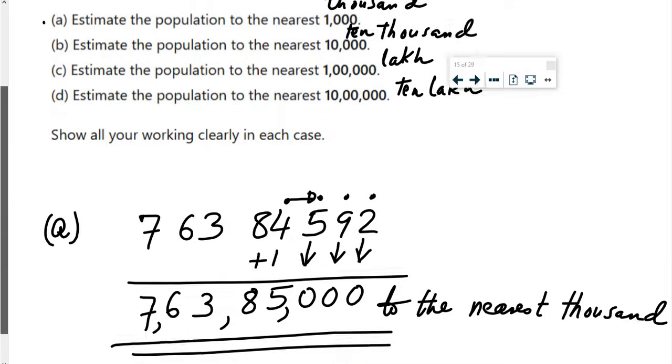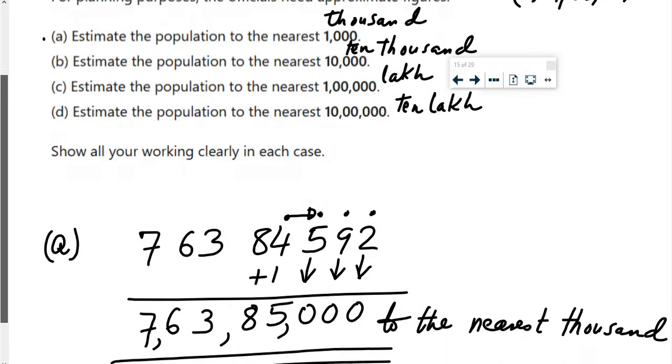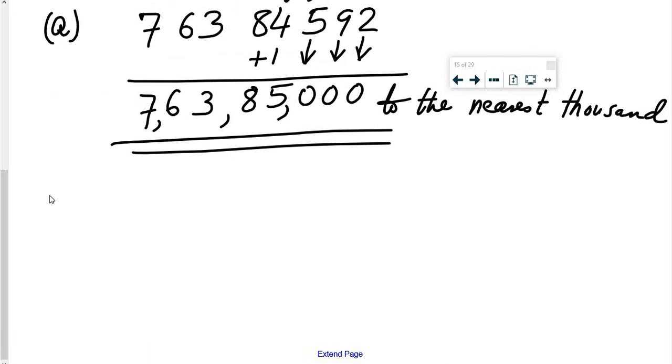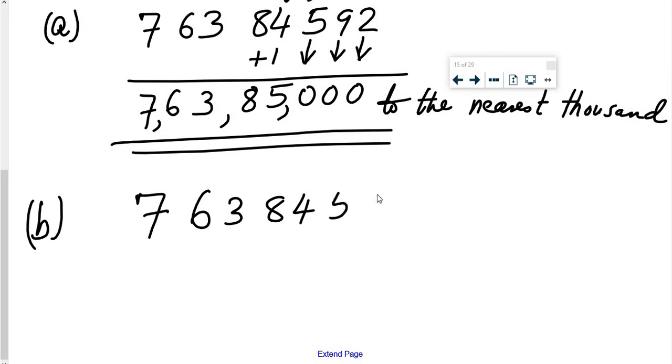Now question B, to the nearest 10,000. The same number, 763,84592. This time to the nearest 10,000. We do the same thing. We look for which digit is in the place value of 10,000: ones, tens, hundreds, thousands, 10,000.